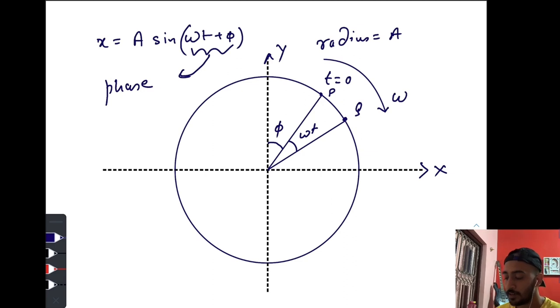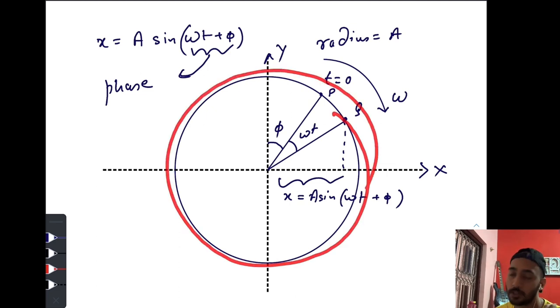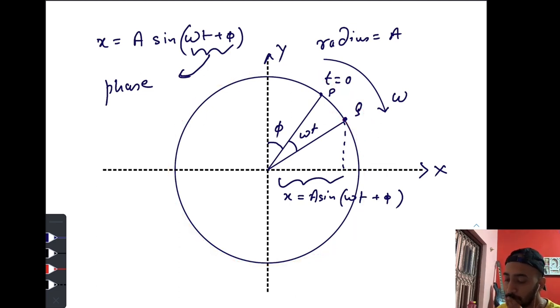Now you can see that the projection of this radius vector on the x axis is this one, so this is x equals a sin(omega t plus phi). The projection of the radius vector, which is rotating with a constant angular velocity, represents a simple harmonic motion, as I have shown you earlier.